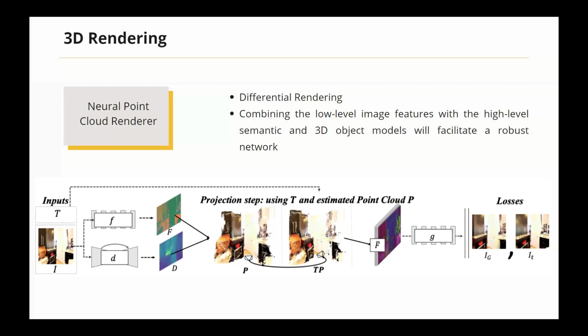A point cloud is a collection of three-dimensional points distributed in a 3D space. As you can see in this figure below, the spatial features and depths are mapped into the point cloud, and further the point cloud is rendered using the target view, like when the query is given, based on that the transformation happens.